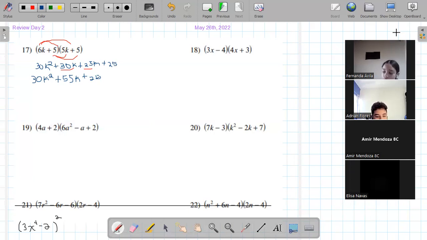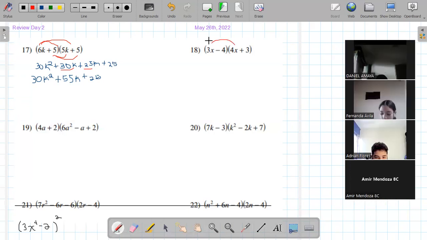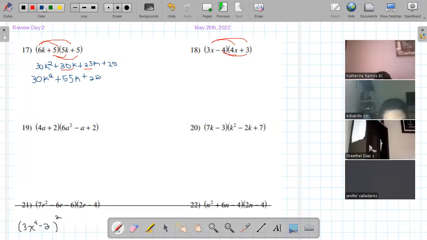Questions so far? No. Easy peasy breezy, lemon squeezy. Let's do the second one. Still, same thing. First term multiplying everything on the second parenthesis, and then the second term multiplying everything on the second parenthesis, okay? So we're going to say 3x times 4x. 12x to the second power. 3x times 3. 9x.